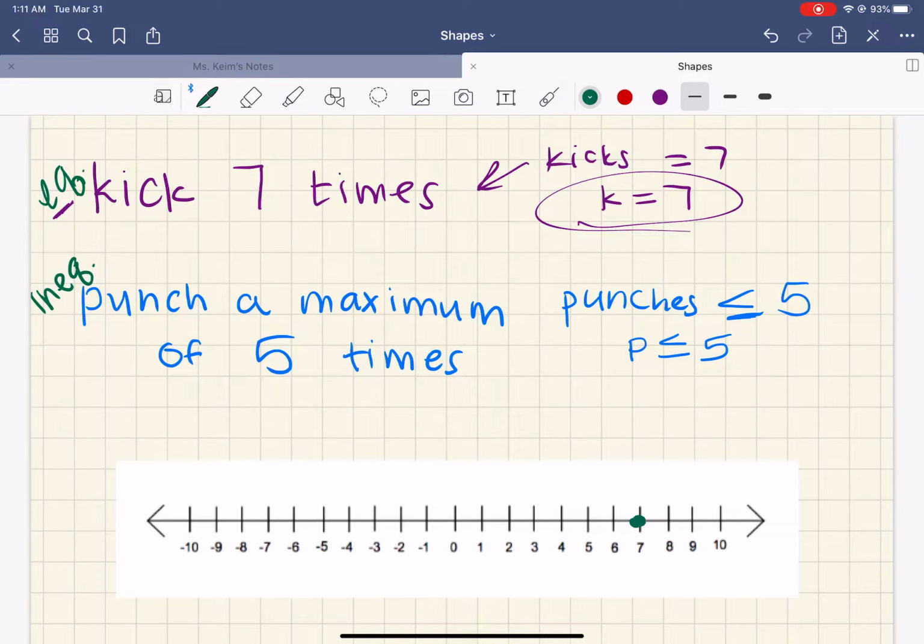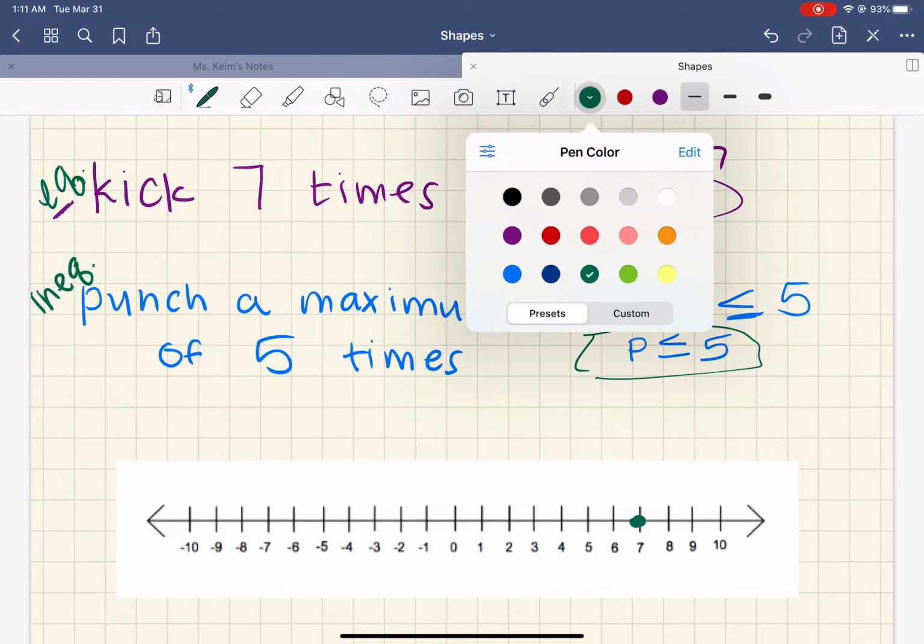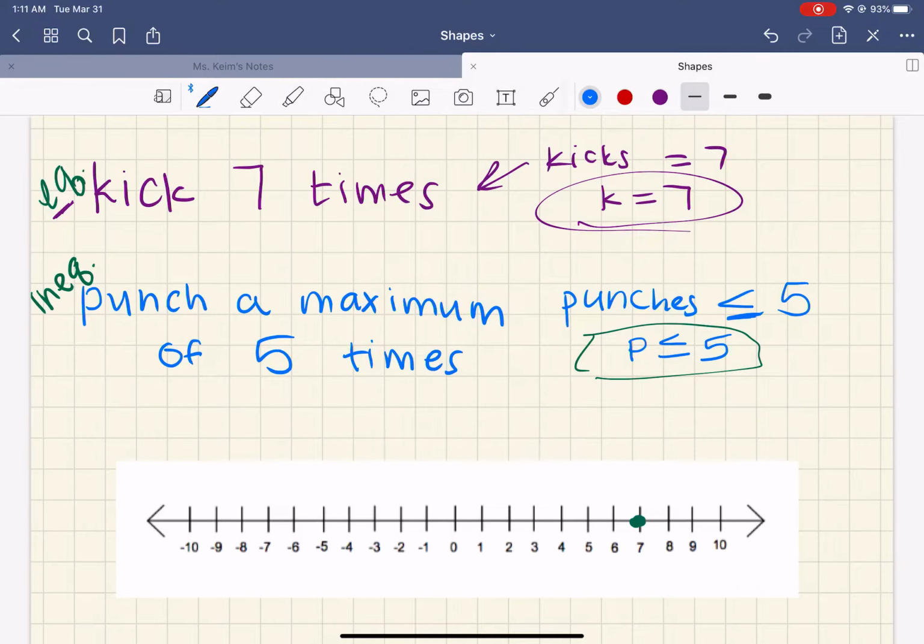Okay? But what's different about representing inequalities on a number line is that there's more than one number that your variable could represent. So here, P represents all of the numbers less than or equal to 5. Okay, so if we want to put that on a number line, I can't just put a dot at 5 because my punches could also be less than 5.